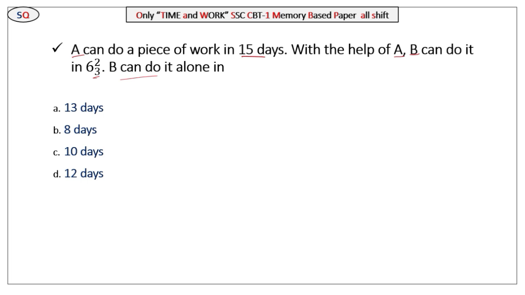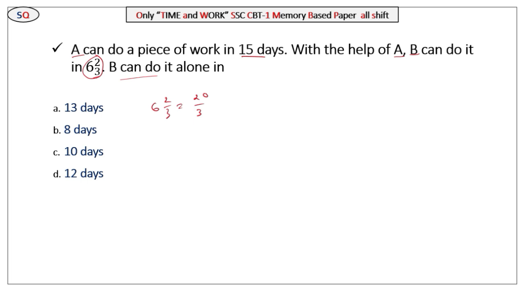Using this formula we can find the answer. Thus we have to convert this mixed fraction into an improper fraction. 6 2 by 3 equals 20 by 3.